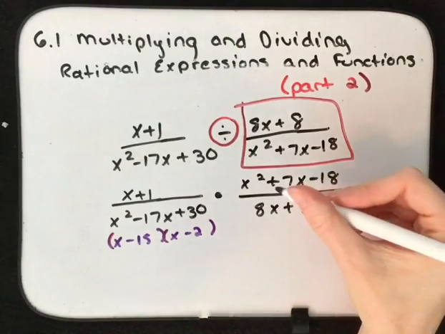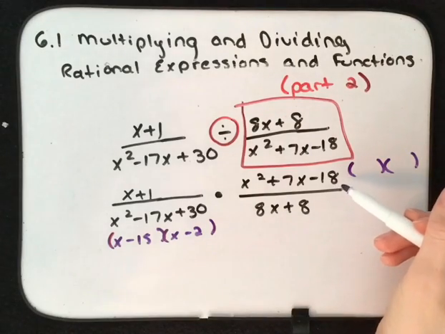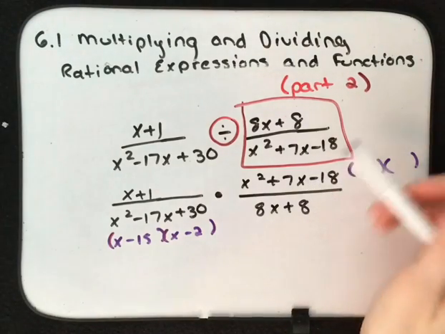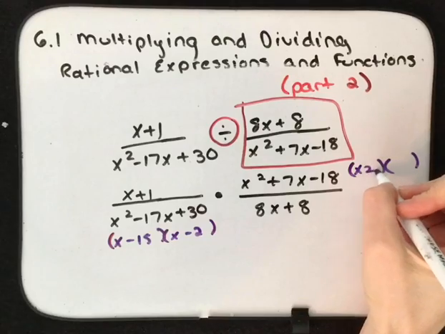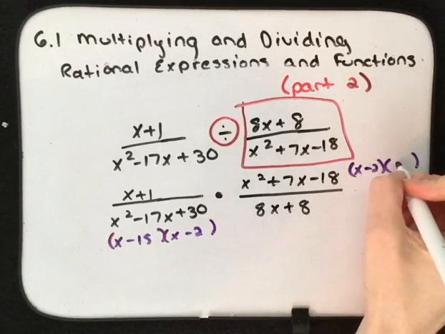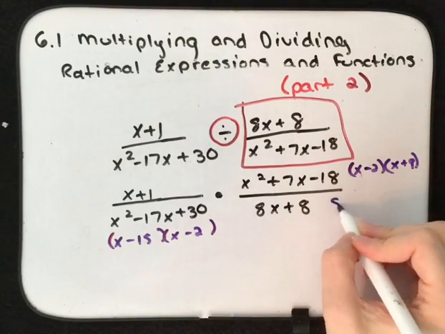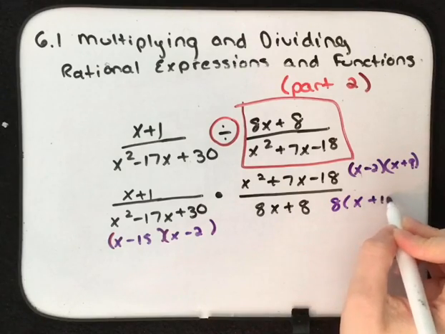Let's try to factor this one. I need two numbers that multiply to negative 18 and add to positive 7. So let's do x minus 2 and x plus 9. Down here we can also factor, we can pull out that 8.